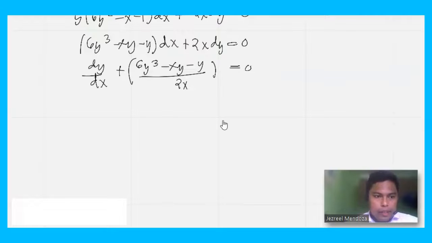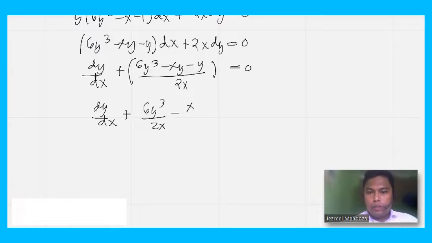Okay, then to proceed, we extract the fraction. So that will become dy over dx plus 6y cubed over 2x minus xy over 2x minus y over 2x, equal to 0.